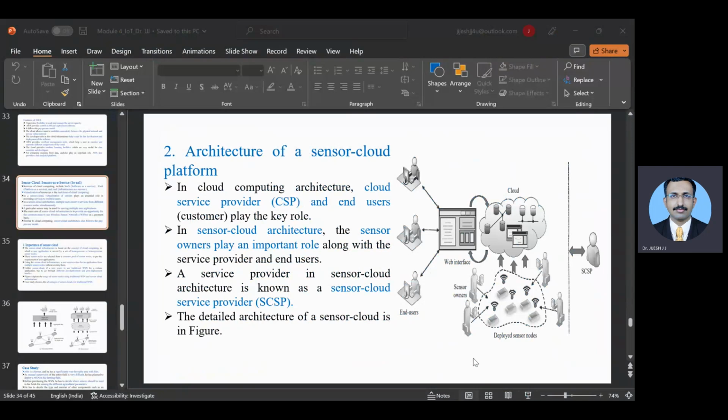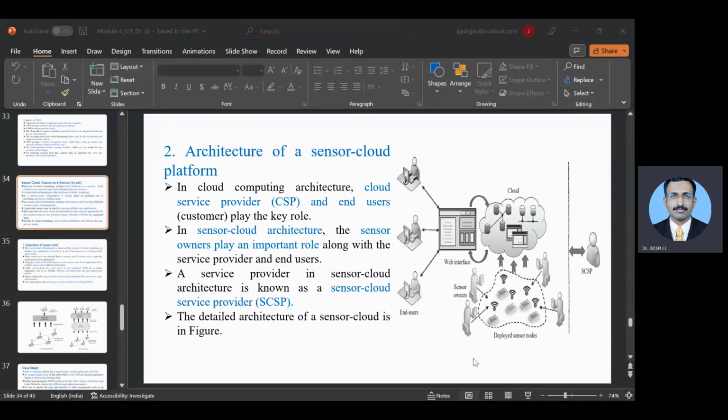You can also see in this figure the deployment of sensors, and each sensor setup is owned by one of the sensor owners, and the entire process is connected to the cloud environment.